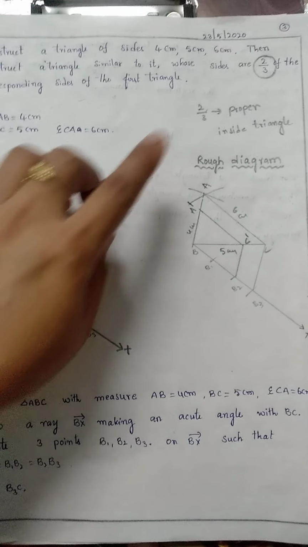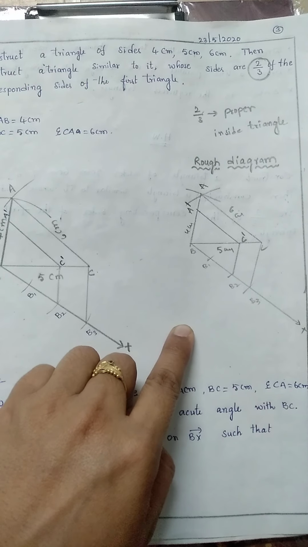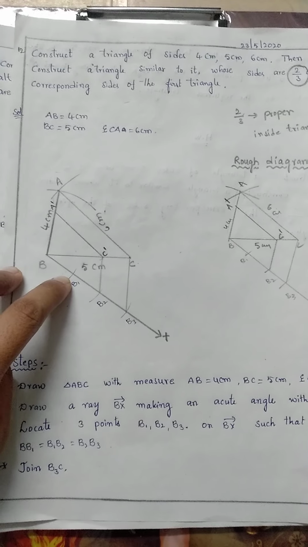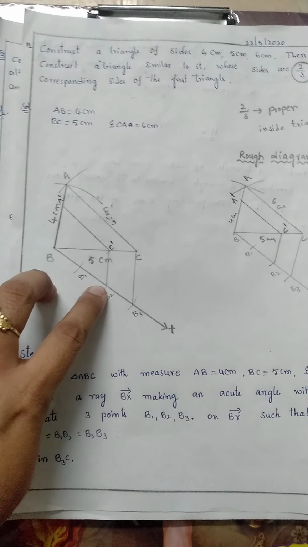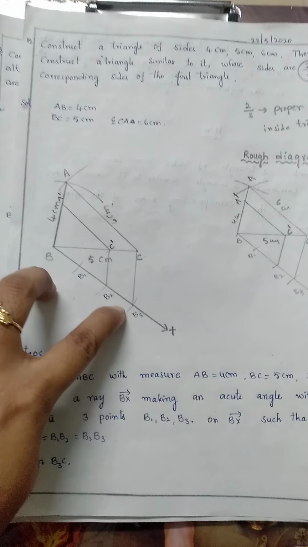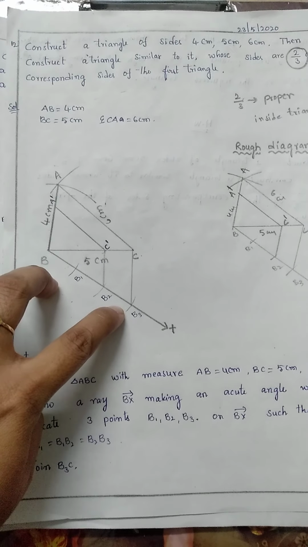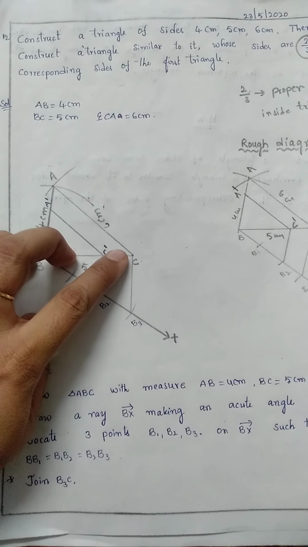Look here, yesterday I already told you, given the fraction, then divide the points. Each distance between points is 2 centimeters. So B to B1 is 2 centimeters, B1 B2 is 2 centimeters and B2 B3 is 2 centimeters. The highest number in the fraction is 3, then close the figure with B3 to C.